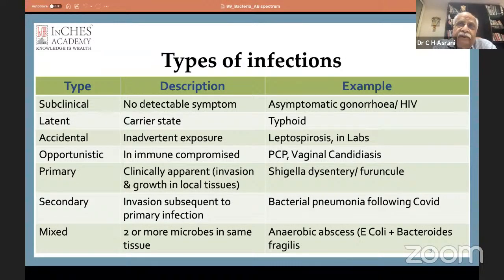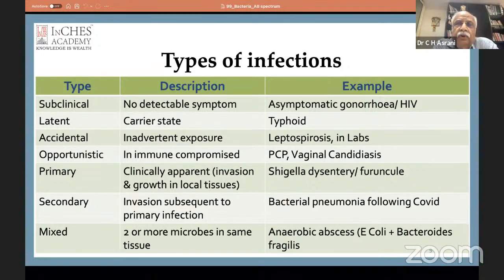Primary infection is clinically apparent invasion of bacteria into a particular tissue and growth in that tissue, such as Shigella dysentery or a furuncle. Secondary infection is invasion subsequent to primary infection, where we have a bacterial pneumonia following an immunity drop caused by COVID.